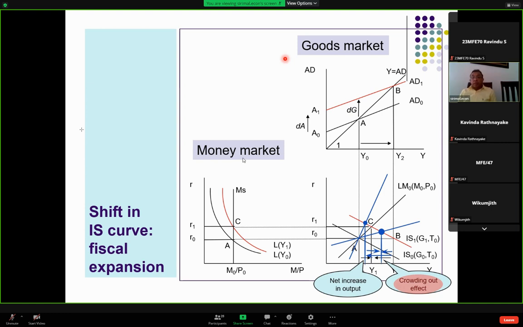Because you can't say LM has to be flatter, then crowding out will be smaller. You can't say that. But what determines the flat LM line? So you need to look at the slope of the LM line. In fact, if you look at it from the LM equation, you will understand it better.